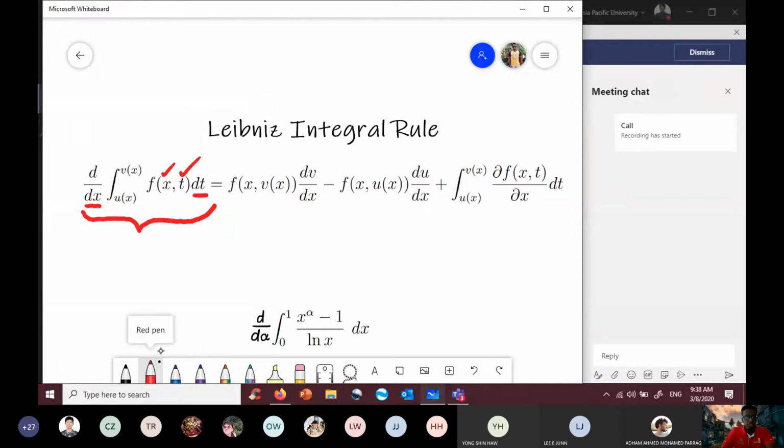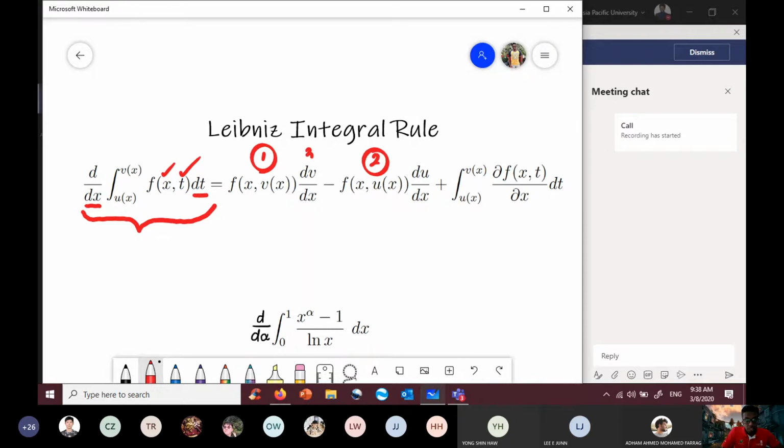Let's look at this. I know that there's a bunch of things inside here, but let's break it down. First of all, we have f(x, v). How to find it? I will tell you in a while, but right now, just bear with me. We have f(x, v), and we have f(x, u).